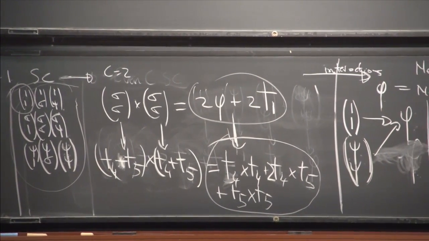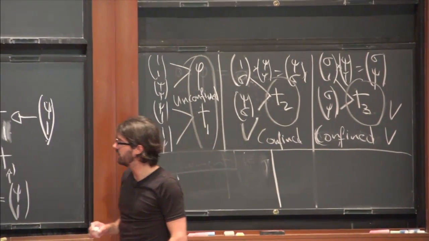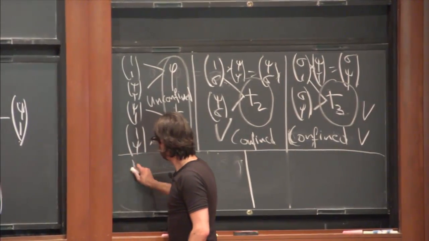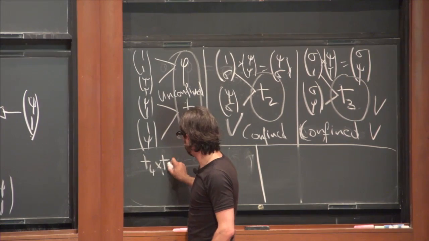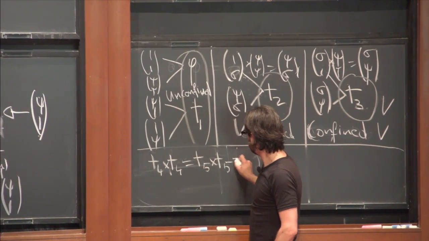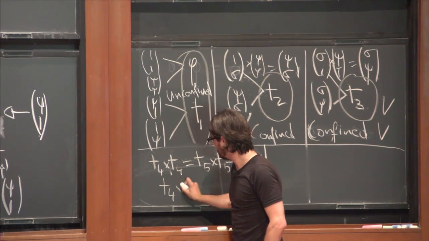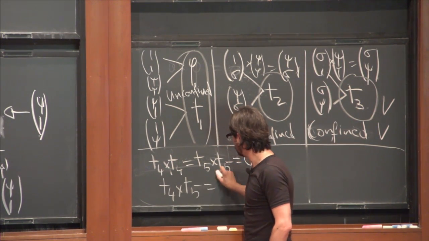And there are two options that I can choose. First option is T4 times T4 is equal to T5 times T5 is equal to the identity field, and T4 times T5 is equal to T1.